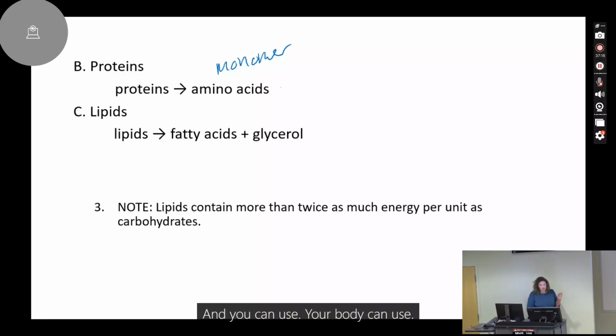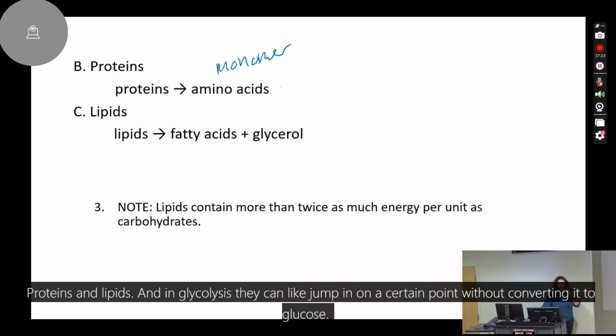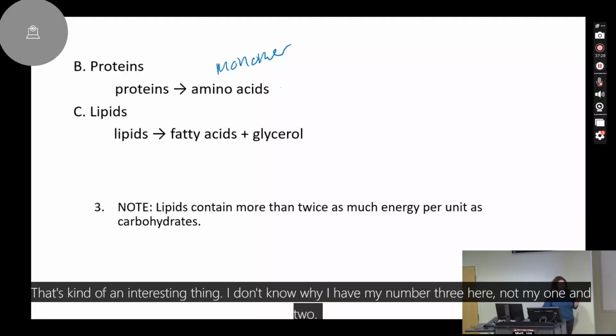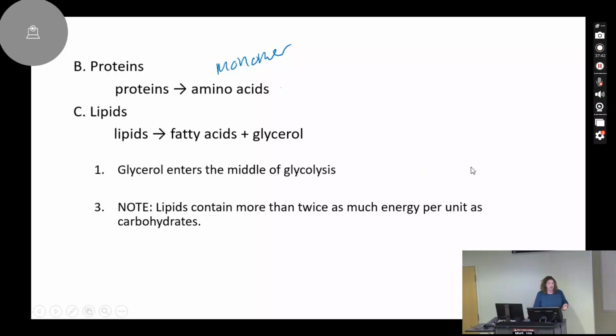And your body can use proteins and lipids in glycolysis, they can jump in at a certain point without converting to glucose. It's kind of an interesting thing. I don't know why I have my number 3 here, not my 1 and 2. For 1 and 2, these are just informational kinds of things.